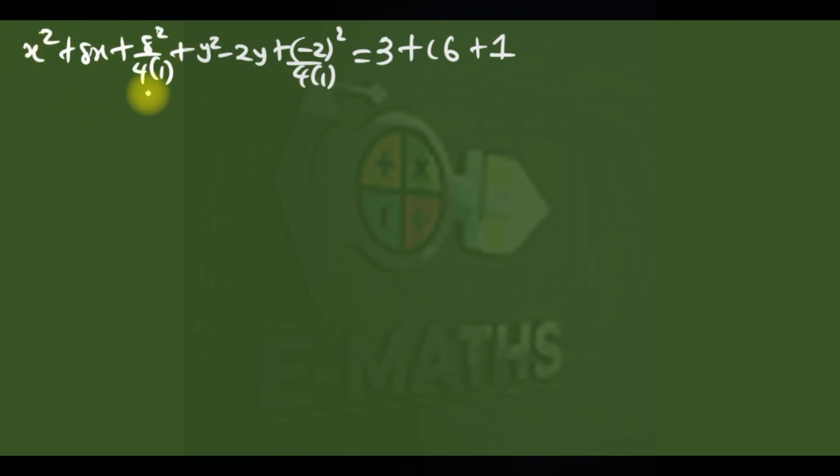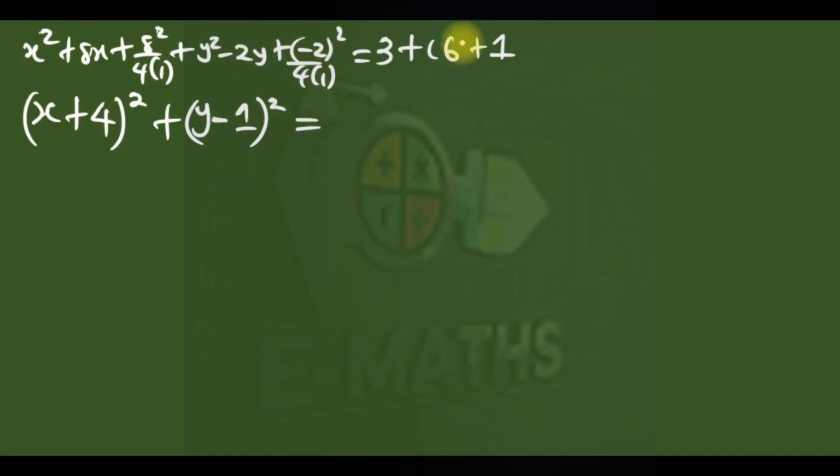By doing this, I've made this a perfect square, and the result is now x plus the square root of 16, which is 4, all squared, plus y minus the square root of 1, which is 1, all squared. If you open this, you get this. If you open this, you get this. Equals 20.